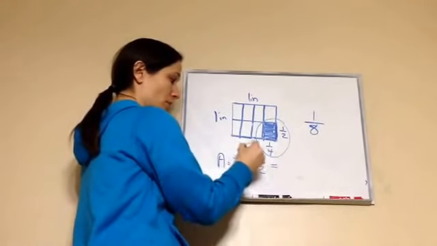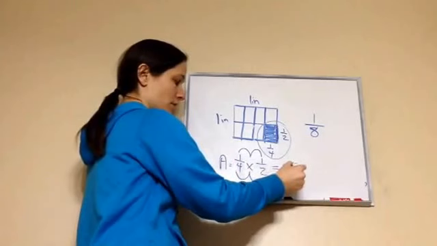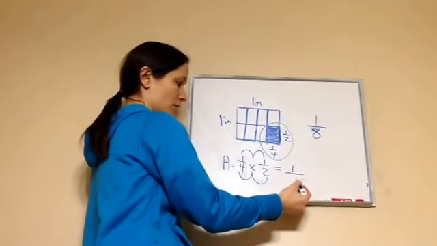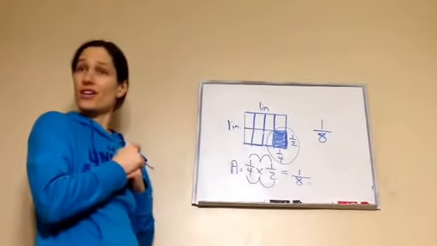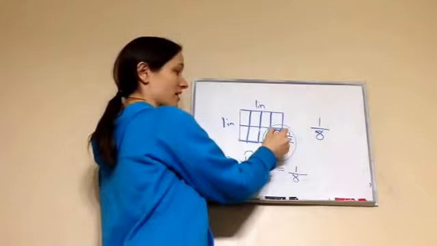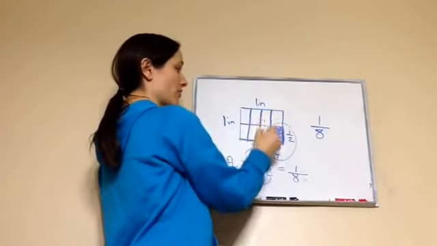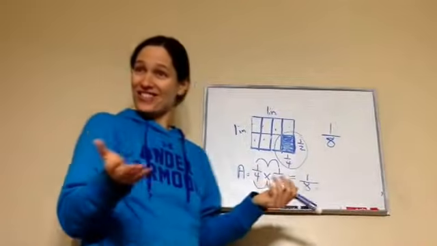That'd be 1 out of 8. Very good. The area is 1/8, which makes sense because this is 1 out of 1, 2, 3, 4, 5, 6, 7, 8. Do you understand it? Yeah. Okay. That is lesson 76.